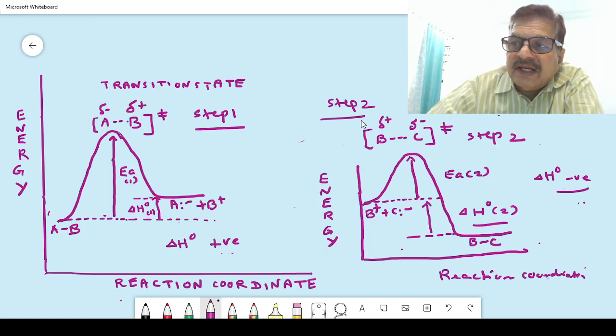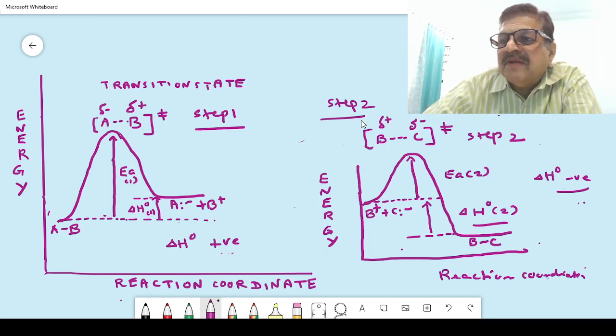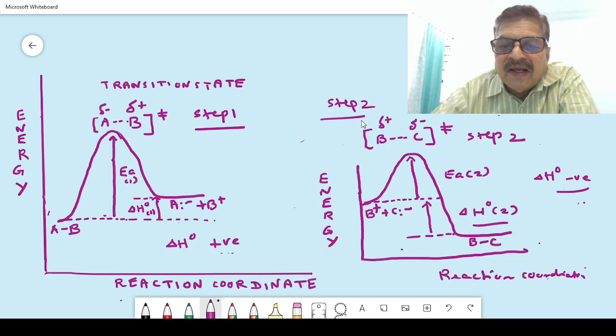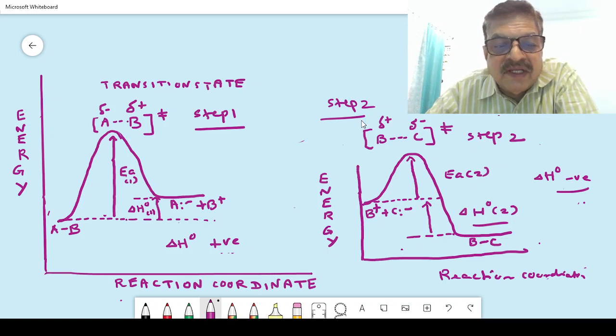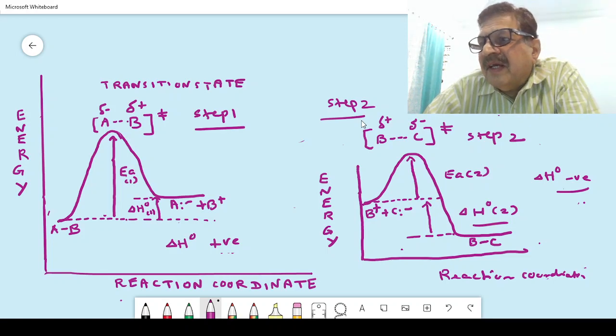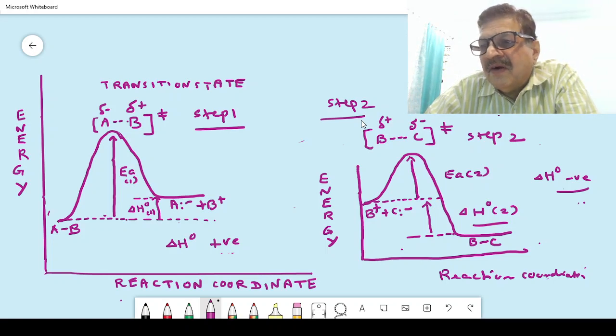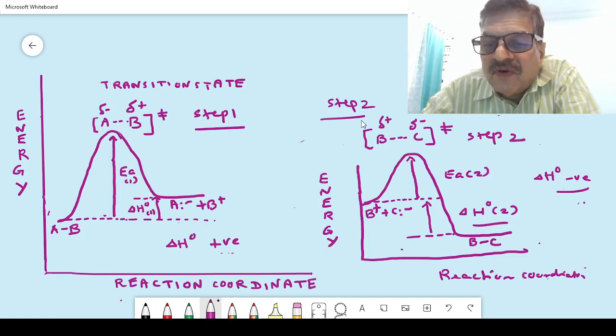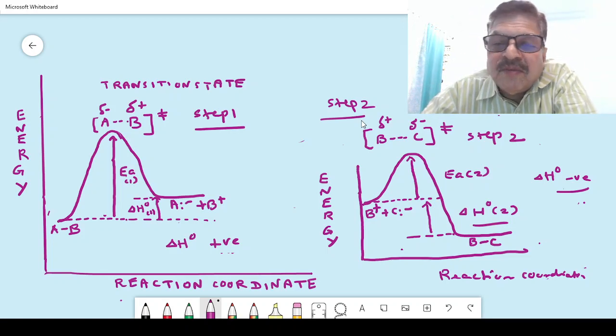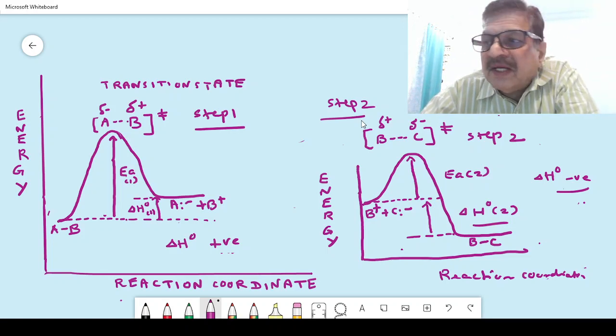The transition states are separated by an energy minimum. At the energy minimum we can see the intermediate, that is, the reactive intermediate B plus will be located here. Now, we have seen the difference between the reactants and the products, the overall delta H. Here it will be a negative value because the reaction is exothermic. Correct.